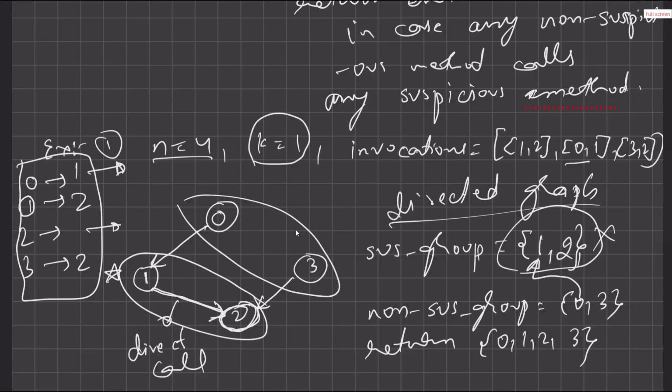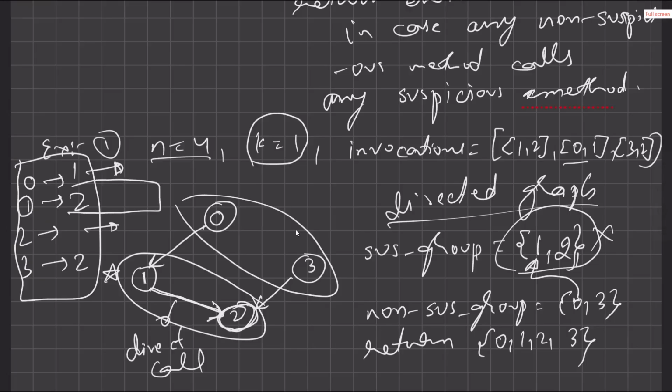From node 1, we check what nodes we are calling. 2 we are calling, and since we have a set of suspicious groups, we check whether this node is present in the suspicious group or not. If it is present, that means there is a connection between the suspicious group and non-suspicious group. In that case, we have to return the entire method or nodes.